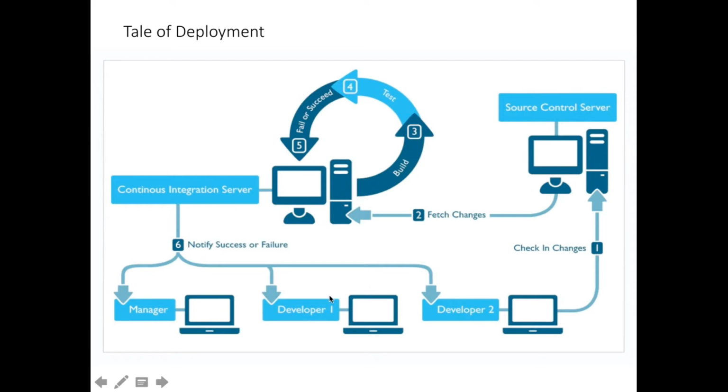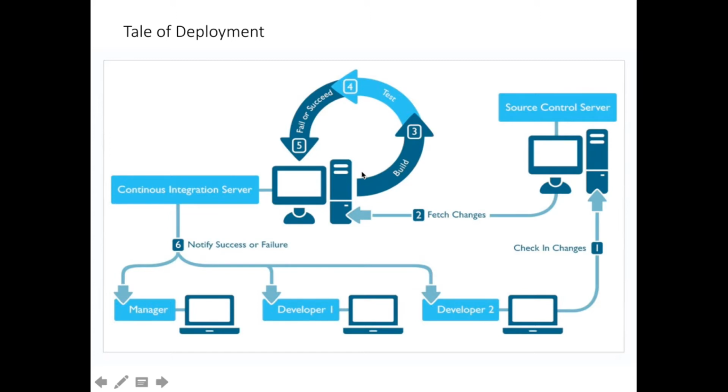So this is the complete life cycle of how developers work, starting from scratch until the source code is deployed into production. Just to recall, everybody develops on their individual PCs and pushes their changes to the central version control.